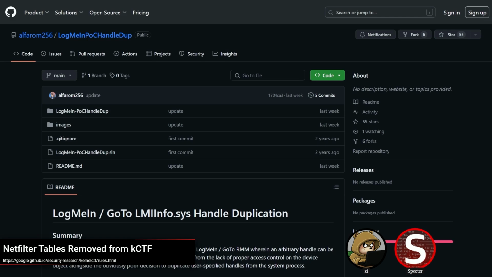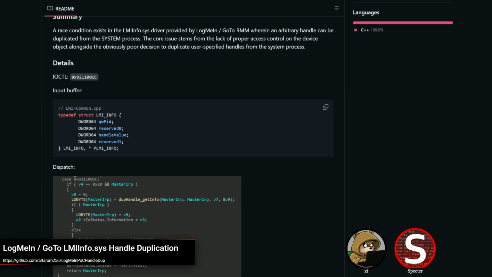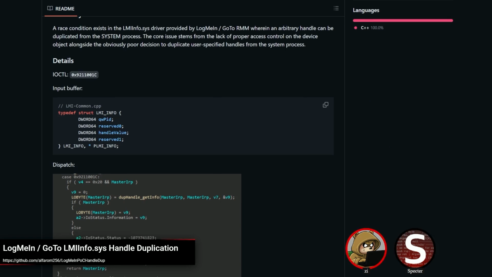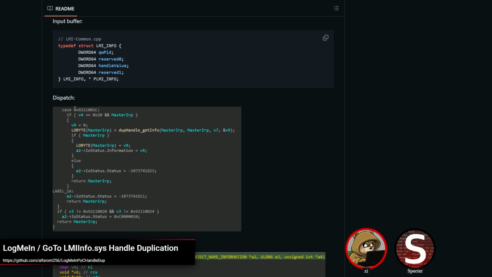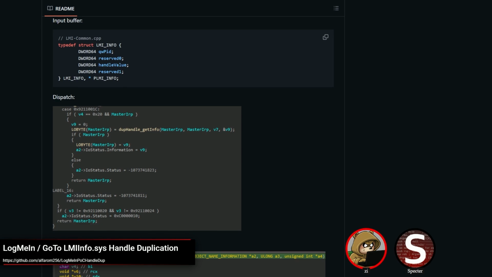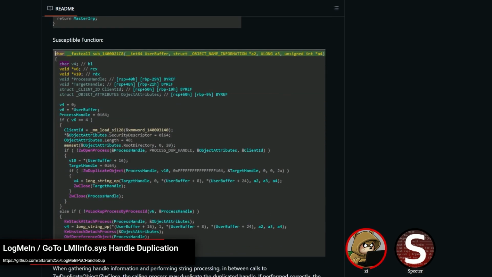Up first, we have a LogMeIn issue, a Windows kernel driver bug, and I'll let Z cover it. There's a couple of points I'm going to get into. One, I'm no expert when it comes to Windows exploitation, so I'm not going to make a huge attempt at explaining how you would abuse this issue, but more just focus on the bug.